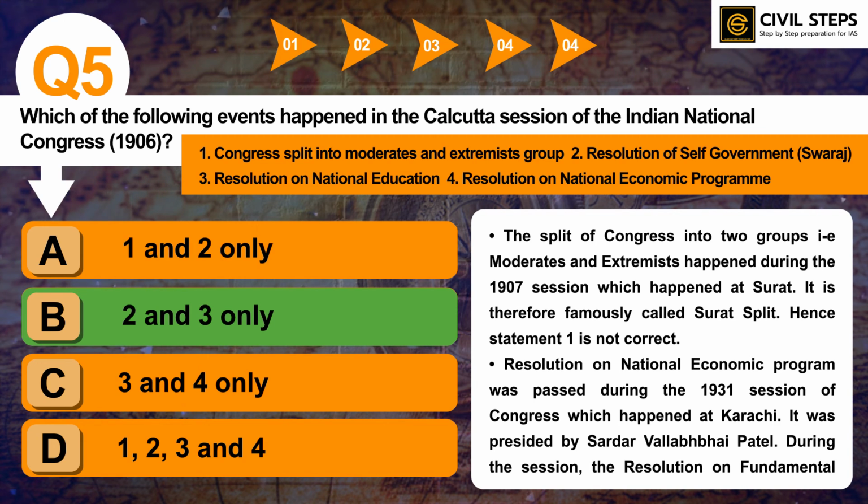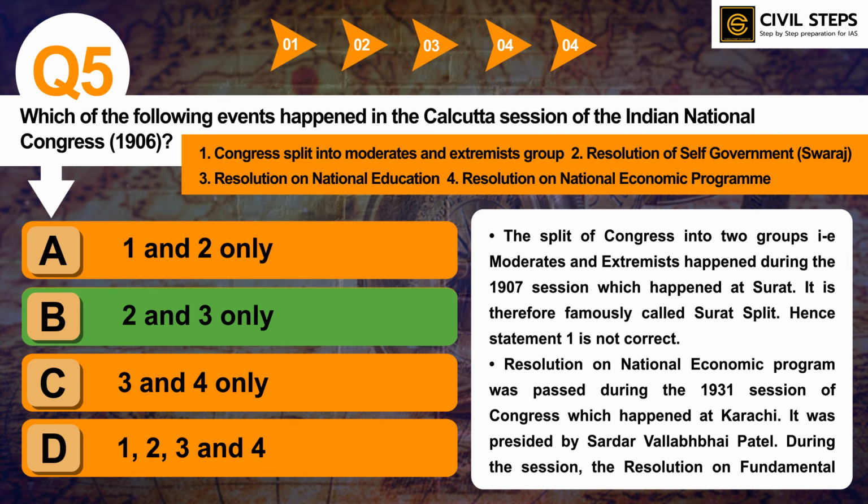It was presided by Sardar Vallabhbhai Patel. During the session, the resolution on fundamental rights was also passed. Hence, statement number 4 is not correct. So, statements number 4 and 1 are not correct, while second and third are correct.